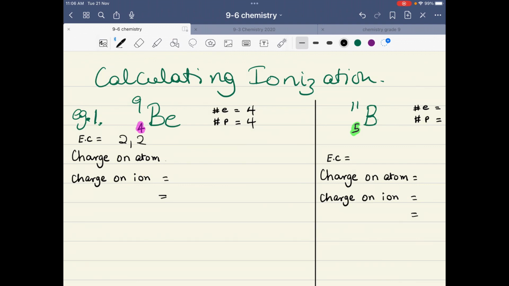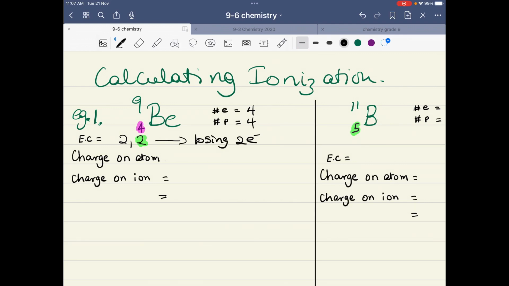That shows us that the last shell of beryllium has 2 electrons, which means this element will be losing 2 electrons during ionization. We know it doesn't gain, because it would have to gain 6 electrons to get 8, or lose 2 electrons to have a full outer shell. So therefore it will lose 2 electrons.